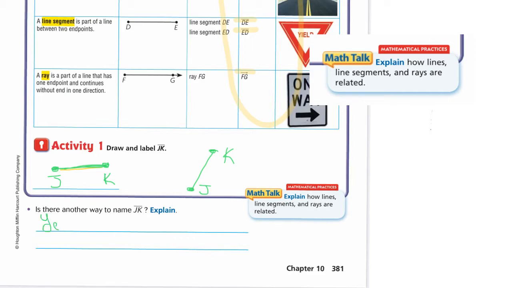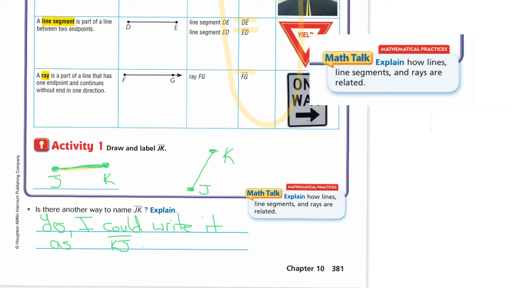So yes, I could write it as line segment KJ. Nice complete sentence. Easy enough. So again, for lines and line segments, you can flip-flop the points. So you could do JK or in this instance, KJ.